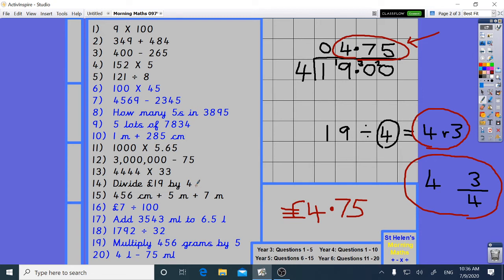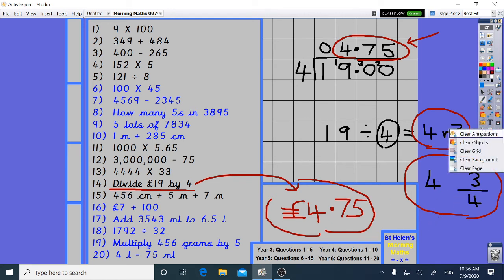But anyway, when we're doing money, we want the decimal answer of £4.75. So you have to think about the question you're being asked in terms of what you're going to do with the remainder, if that makes sense. If it's money, decimals. If you're sharing out children, probably remainders. If you're sharing out cakes or pizzas, probably fractions. Let's go on to question 15.